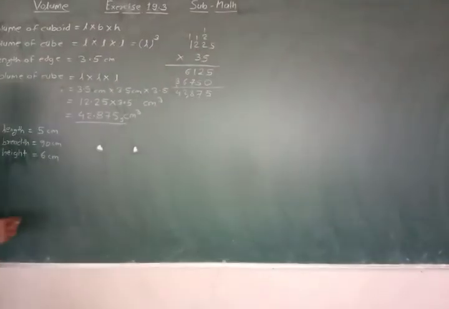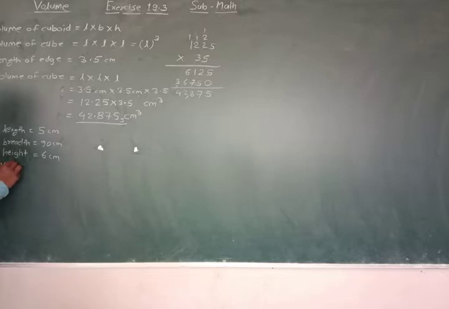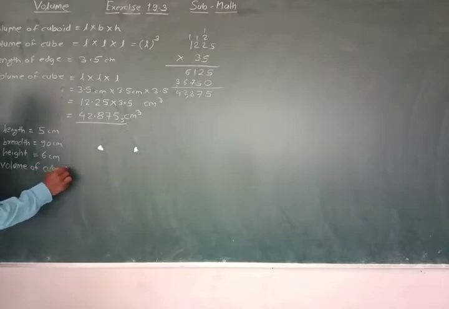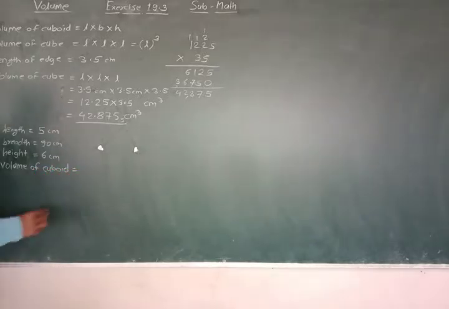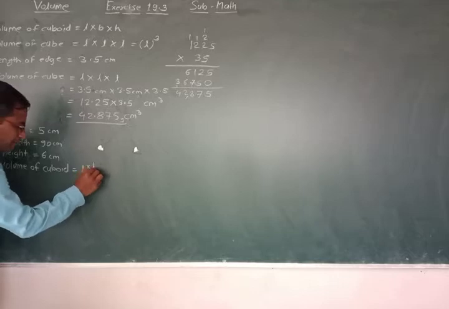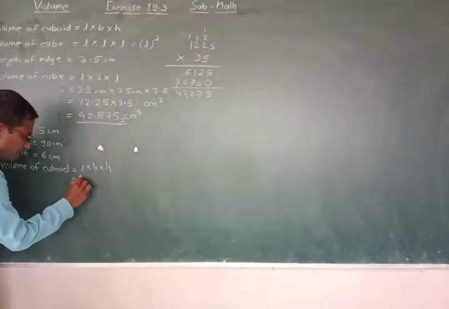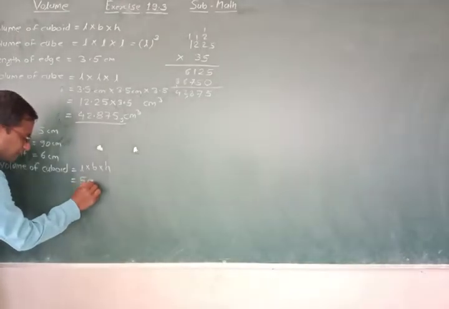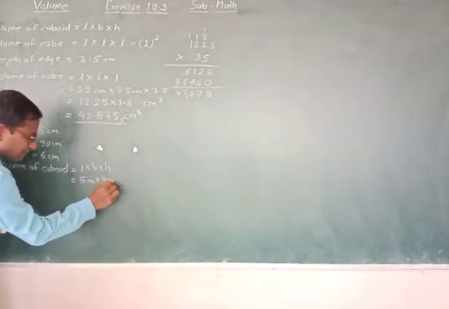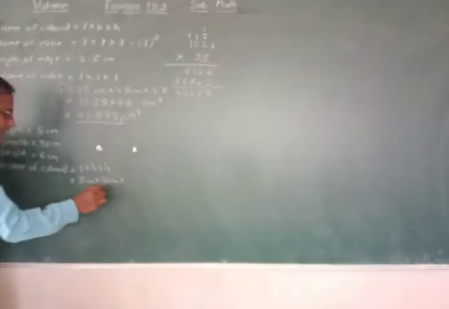First write formula: volume of cuboid is equal to length multiplied by breadth multiplied by height. Then we put the values: 5 centimeter multiplied by 90 centimeter multiplied by 6 centimeter.